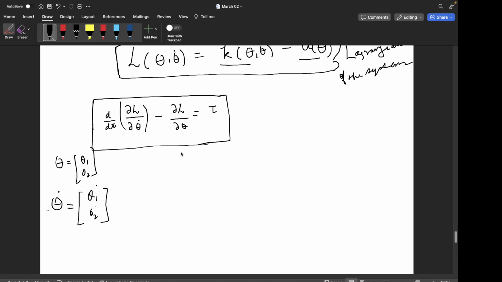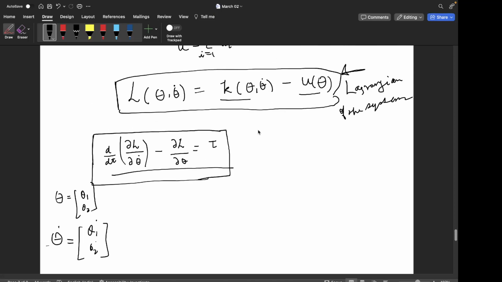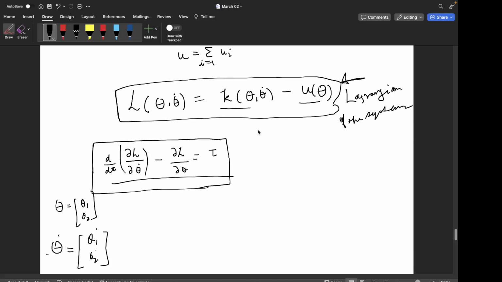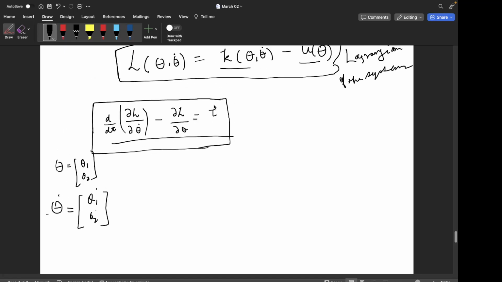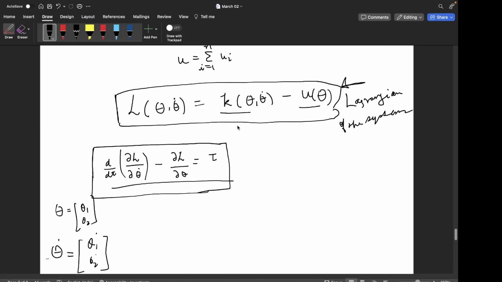Then you just follow this equation in a routine way, take time derivatives, and you will get equations relating the joint torque to joint angles, rates, and accelerations. Again, you get the equation of motion, and this is the energy-based method because in this you will nowhere see the forces and moments.